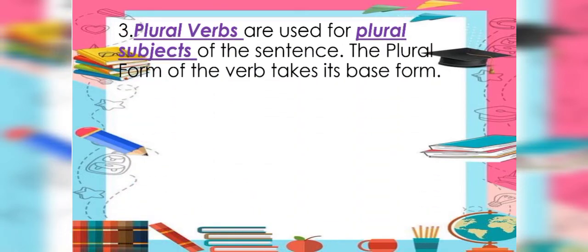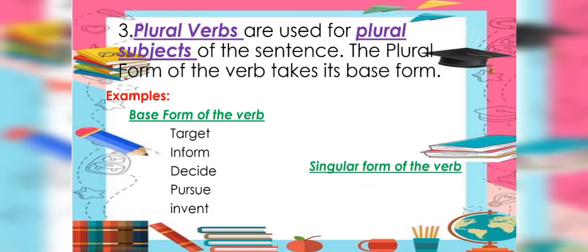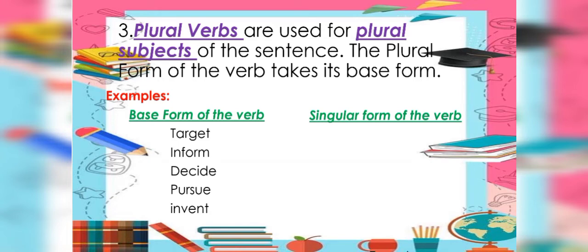Now let's move to the third rule. Plural verbs are used for plural subjects of the sentence. The plural form of the verb takes its base form. Example, base forms of the verb we have here: target, inform, decide, pursue, invent. For our singular forms of the verb we have here: targets, informs, decides, pursues, and invents.